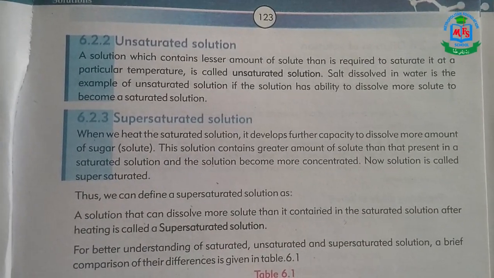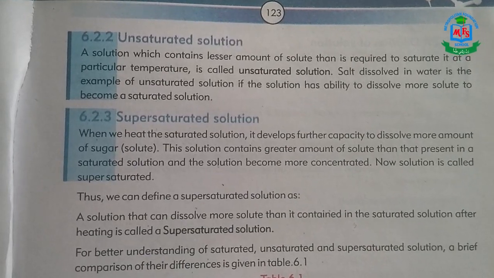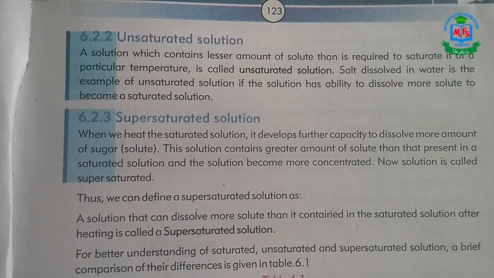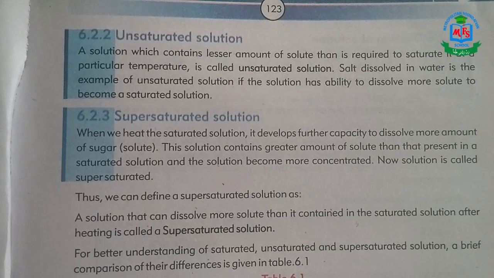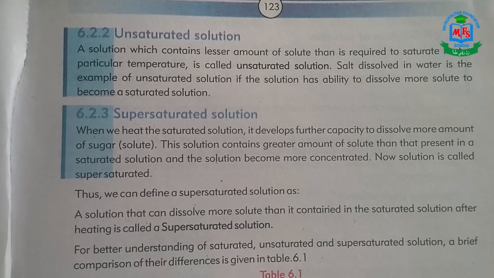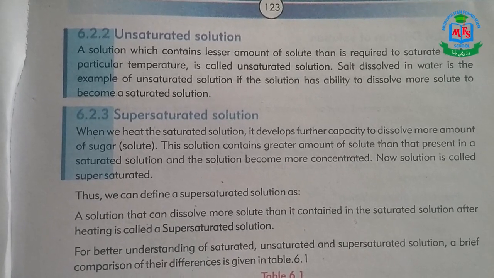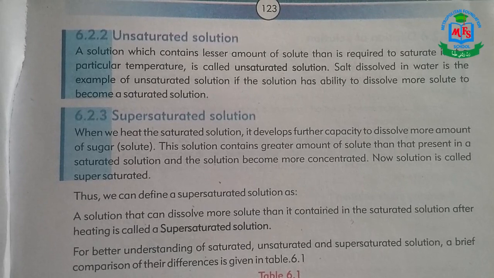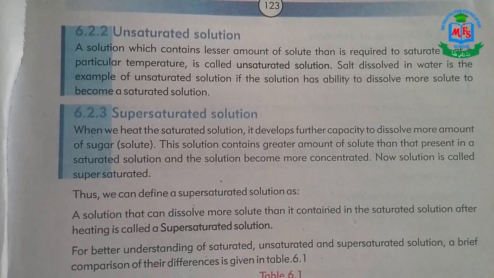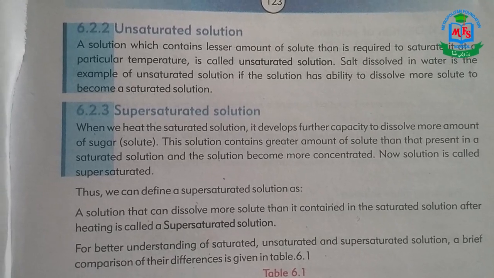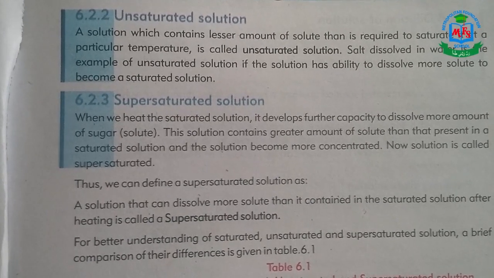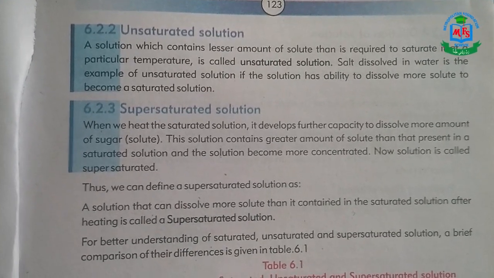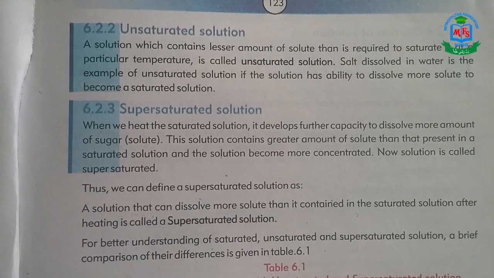For example, if we add a greater amount of salt in water and dissolve it, then we add more salt to it and heat this solution to dissolve the salt. Then this salt dissolves in this water and makes up a solution. This solution which contains a greater amount of solute dissolved, such a solution is called supersaturated solution.